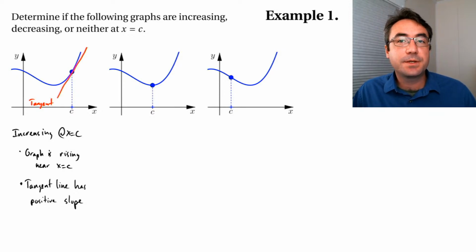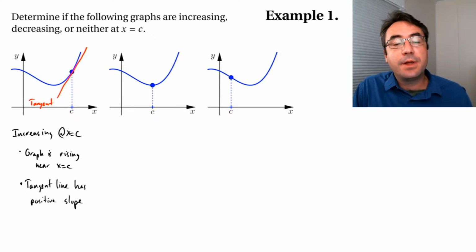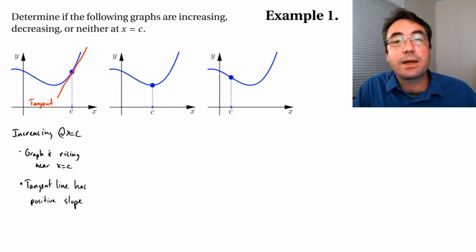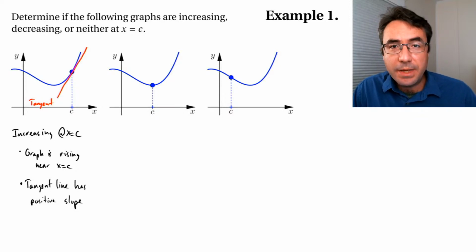So there's a few ways to characterize the increasing nature of this function at x equals c. The graph is moving up right around x equals c. It's rising. If we were to draw the tangent line in, we'd see the tangent line is going up. It has a positive slope directly at x equals c. So all of these mean the same thing.